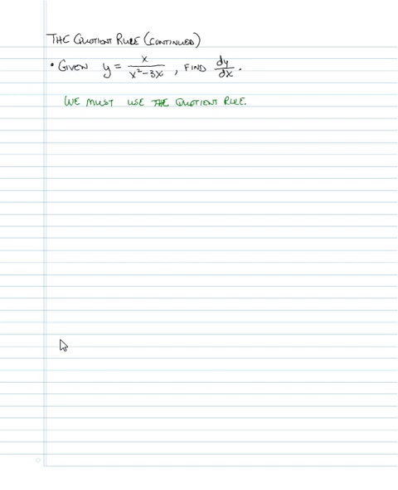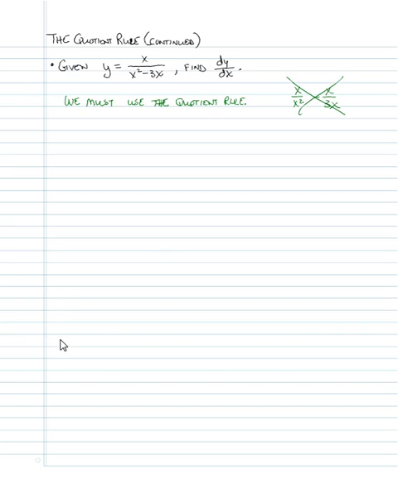First, we can't break this fraction into two fractions because we don't add and subtract denominators. So it would be incorrect to say that this is x over x squared minus x over 3x. That would be absolutely wrong because we don't subtract denominators. We only add or subtract numerators, and we do that when the denominators are the same.